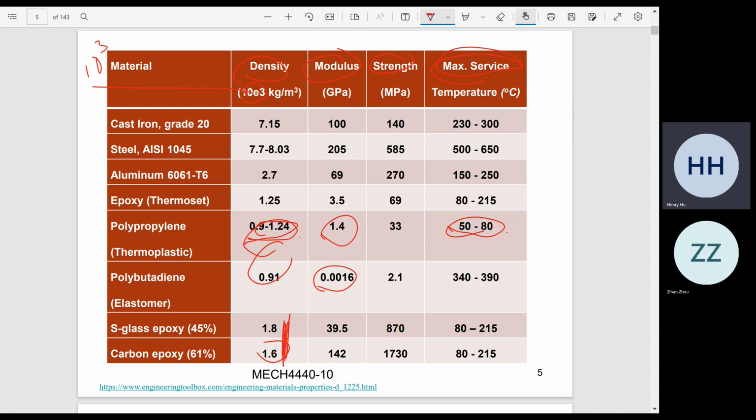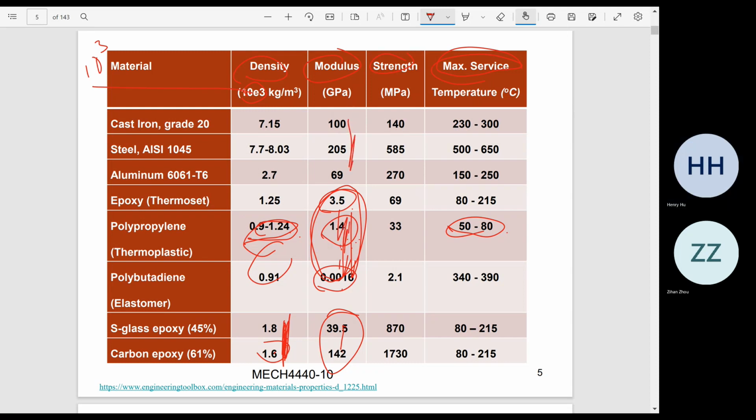elastomer and the thermoplastic, these two types, or even the thermoset, the modulus are very low, except if you make some polymer-based composite. The last two, glass epoxy and carbon epoxy, those basically are the composite materials. But if you only have the polymer itself, without those fibers as a reinforcement in the material, the modulus is very low compared with metal.